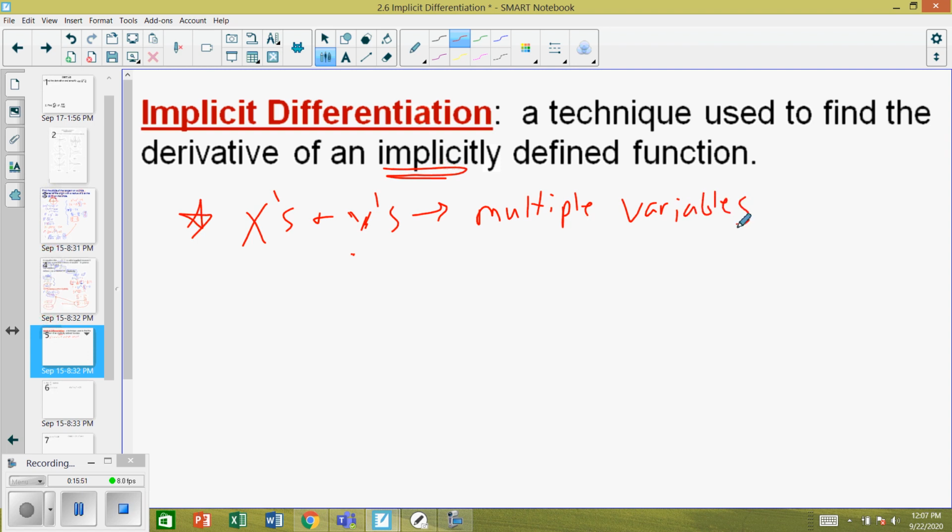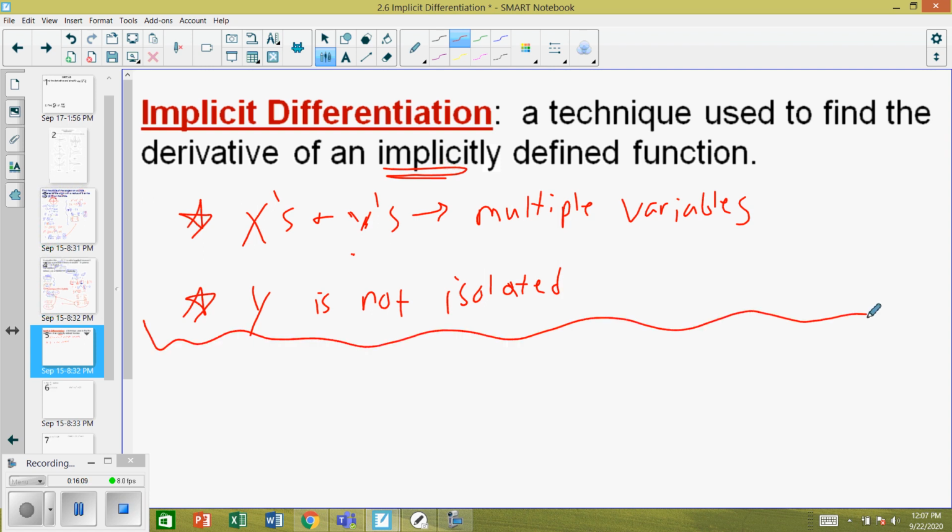Okay, and it's a situation wherever y is not isolated. It's not y equals something. All right, let me give you the quick little steps here to this.